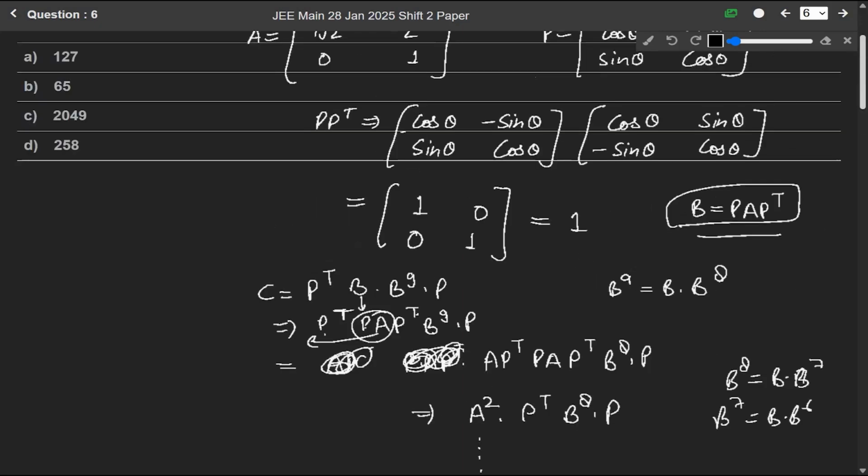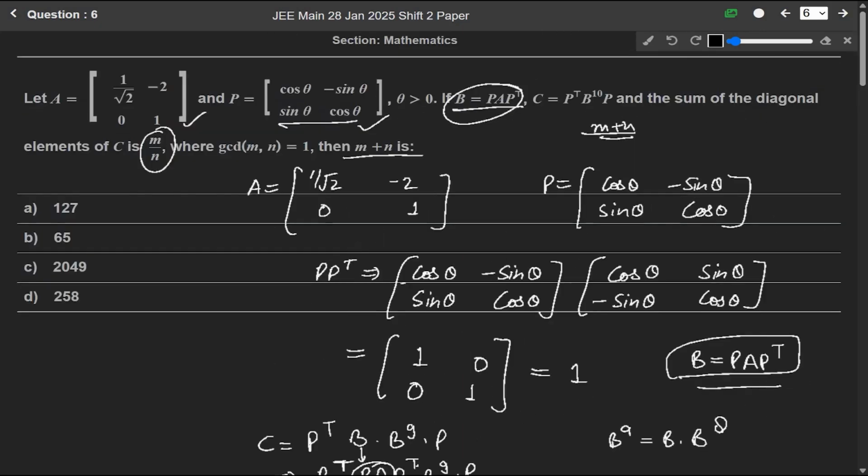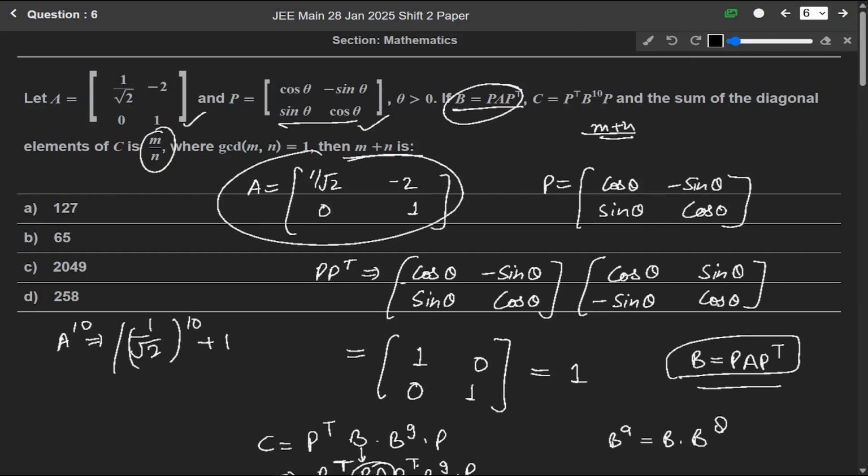Okay. So for A10, A is this. For A10, if we do the diagonal sum, the sum of the diagonal elements of A10 will be equal to 1 over root 2 to the power 10, plus 1. Power 10 means 1 only.